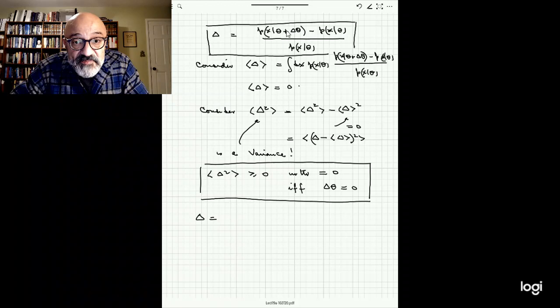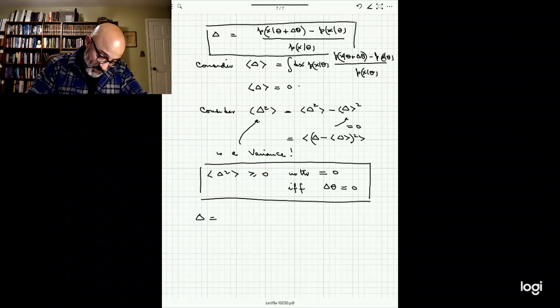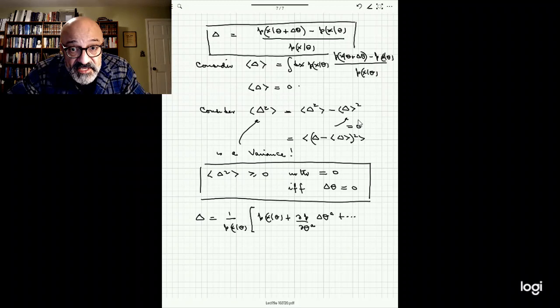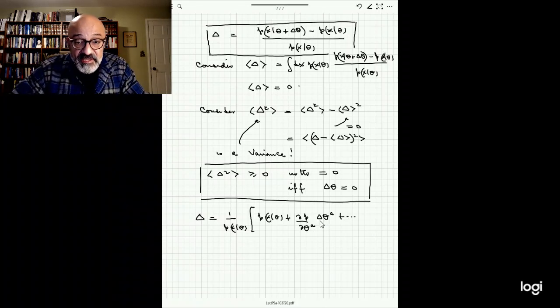We're going to simplify this expression by Taylor expanding this expression here. And so we have 1 over p(x|theta). When we do the Taylor expansion, the first term is p given theta plus the derivative of p with respect to theta times delta theta, plus and so on. So you see here I'm just Taylor expanding the first term here. Zeroth order term, first order term linear in the thetas.